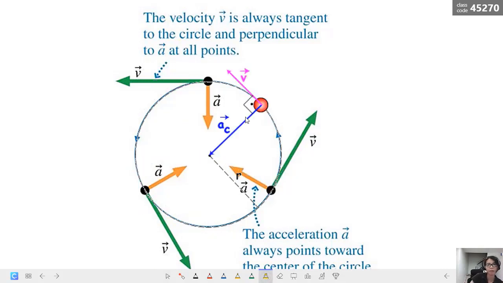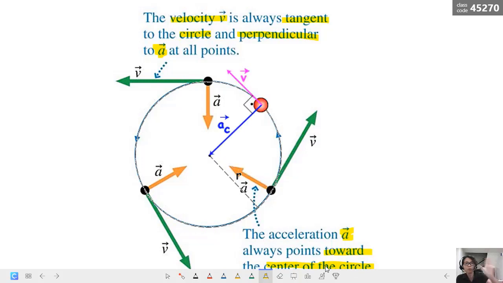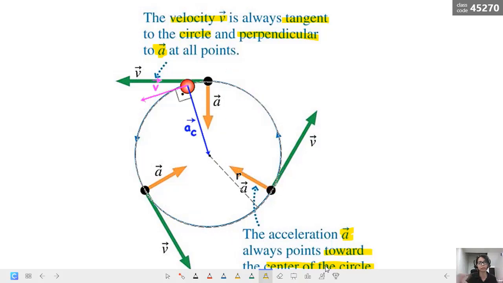So please remember the concept. Velocity is always tangent to the circle and perpendicular to the acceleration. The direction of acceleration always points towards the center of the circle. Kalau nak pusing dalam circular motion, pecutan acceleration kita mesti selalu menghala ke pusat bulatan. Okay? So this is the first half of the concept we have for uniform circular motion.